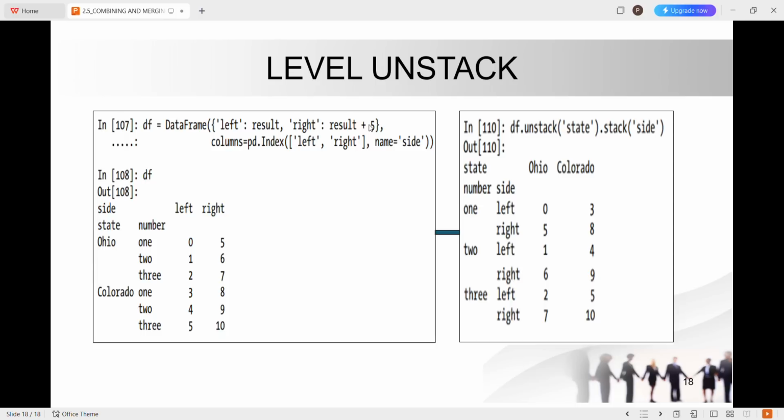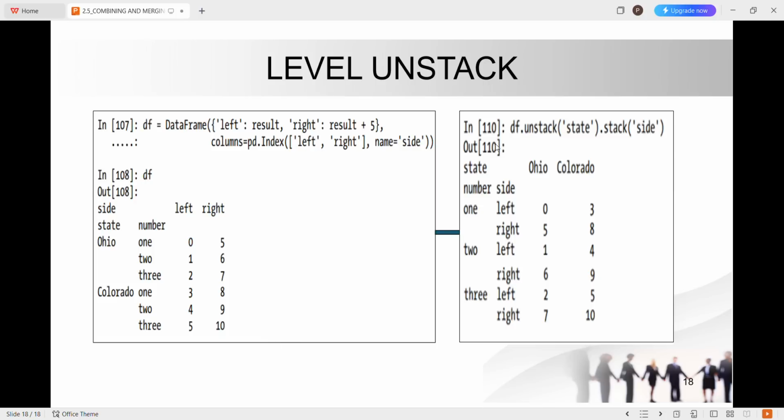We will take the same thing, a range of 6, which gives the left value 0 to 5 with the same states named with the number tag. Now for the right value, result is equal to result plus 5: 0 plus 5 is 5, 4 plus 5 is 9, 5 plus 5 is 10. So our initial data frame has been framed.